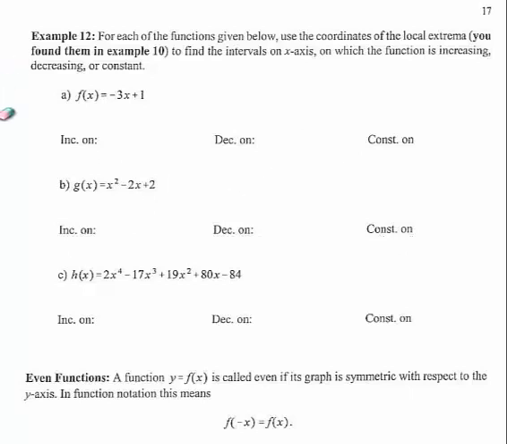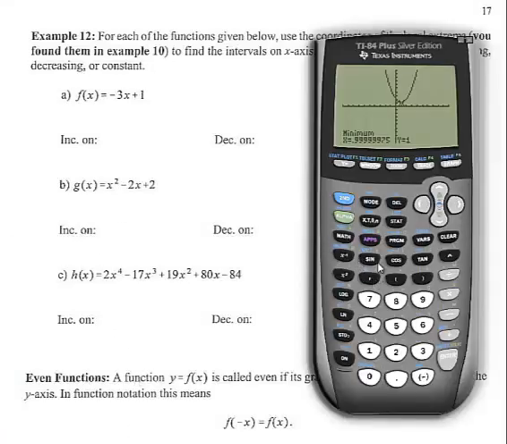Simply clear that because I'm going to have to bring my calculator back up for this last function h. A bit more complicated. We have a 2x to the 4th. Again, its highest exponent is 4, so we're going to have a double U-shaped function.